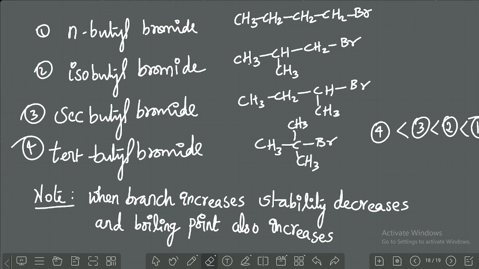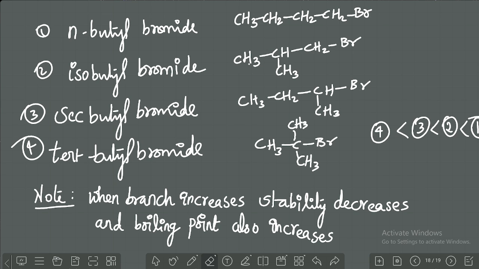Listen. N-butyl, which means see 1, 2, 3, 4. 4 carbon connected in a linear chain. So N-butyl bromide. Isobutyl. Actually iso structure has 2 methyl groups. Iso, 2, 4 carbon. With that bromine.